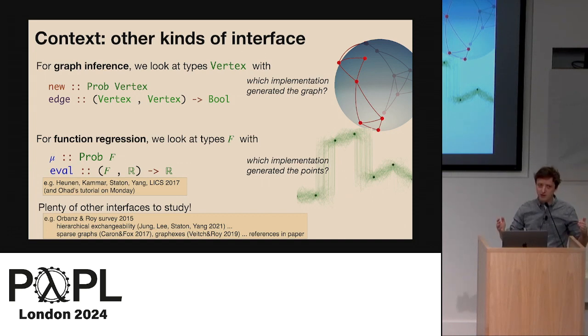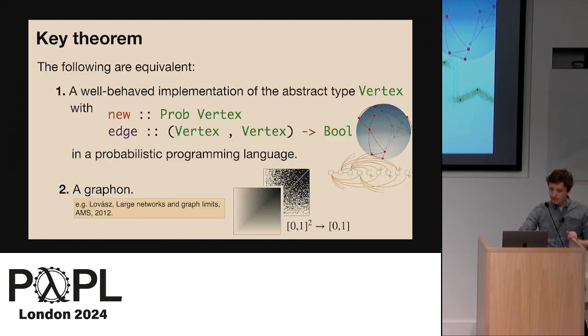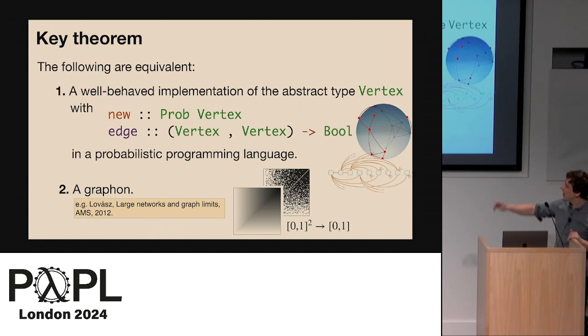But the high-level view, I guess, is that abstract types and interfaces in probabilistic programming correspond to important statistical structures. And I guess it's a two-way street because we can start to inform statistics by programming. Right. Okay. So let's move back to the theorem and start to explore a bit what well-behaved means.